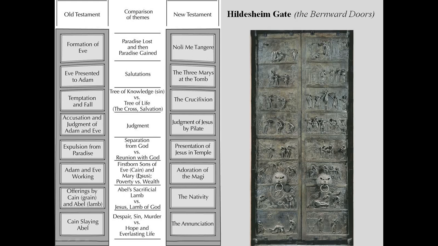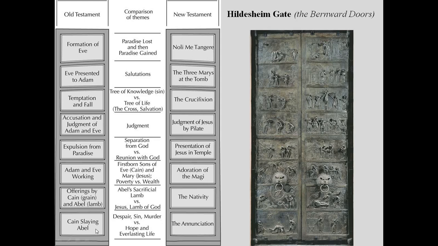So what is common in the subjects? Firstborn sons of Eve, Cain, and Mary, Jesus, poverty and wealth. Then offerings by Cain, grain, and Abel, lamb, and the Nativity. Abel, the sacrificial lamb, and Jesus, the Lamb of God.